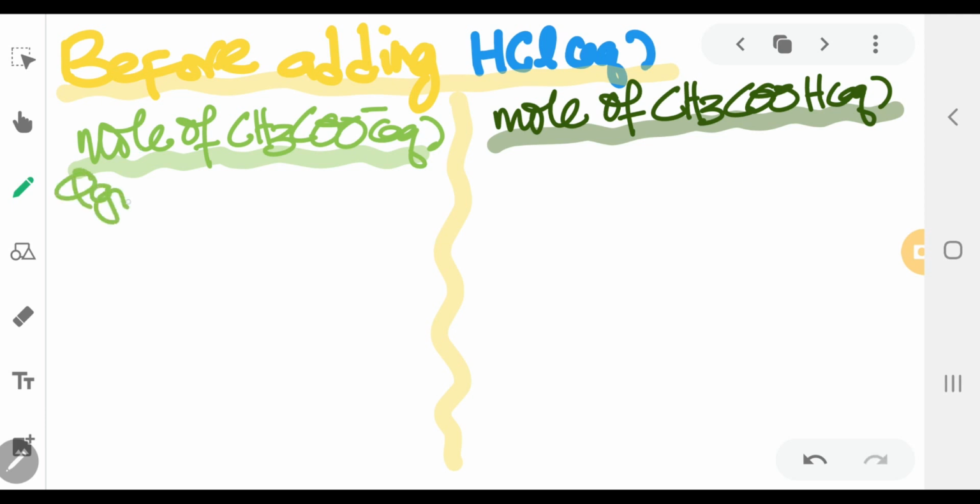The question gives the mass of the salts, which is this.